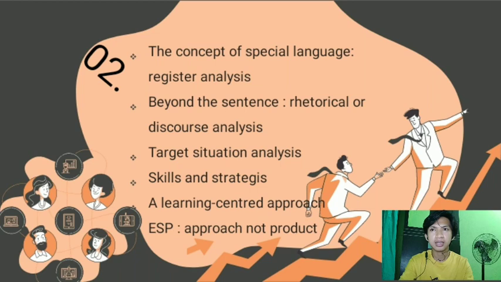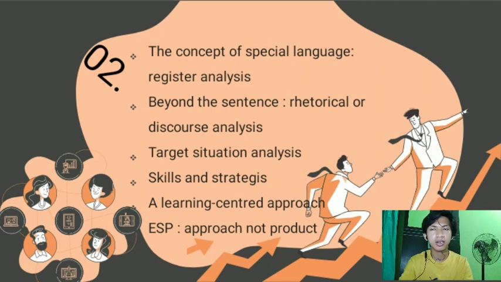The second is beyond the sentence, rhetorical or discourse analysis. The rhetorical structure of science text is considered different from commercial text, so the typical teaching material based on the approach is a discourse approach that teaches students to recognize textual patterns and discourse markers, especially through text diagram exercises.